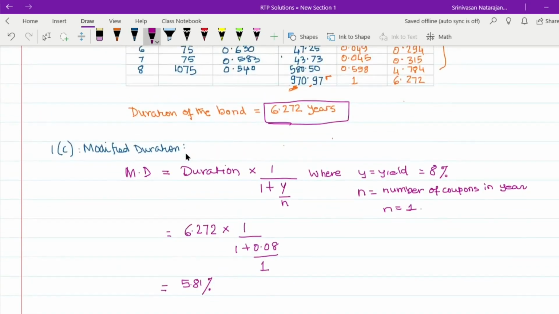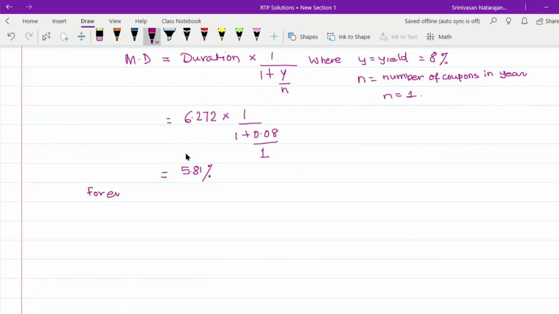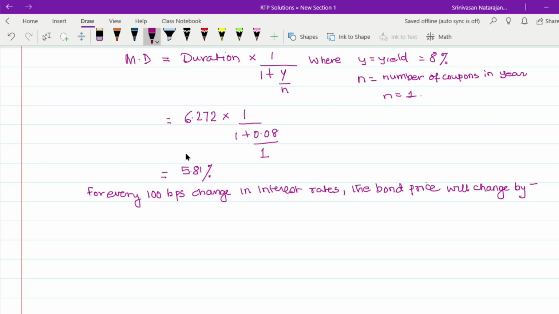Modified duration tells you that for every 100 basis point change in interest rates, the bond price will change by 5.81%. Now, in this context, it is very important to remember that the direction of the price change will depend upon the direction of the interest rate or the yield change.